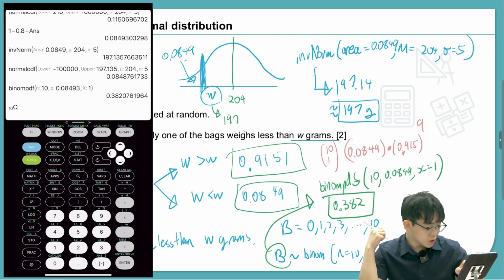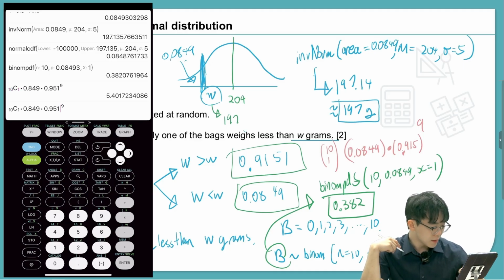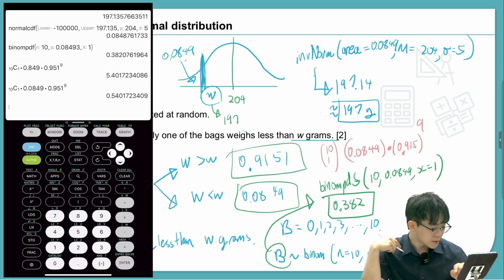So we have 10 choose 1 times 0.849 times 0.915 to the power of 9. And that would give you, oh, it's 0.0849, by the way. Right, and that would give you the same result.